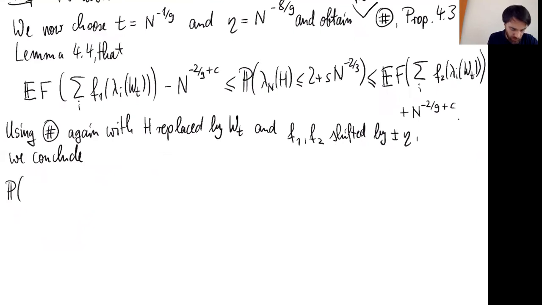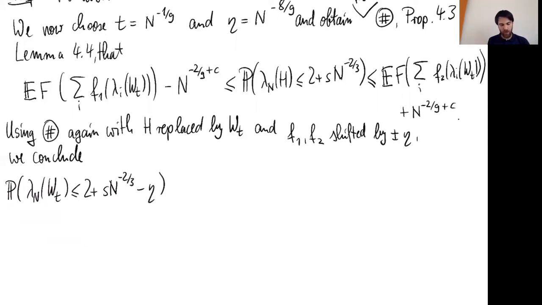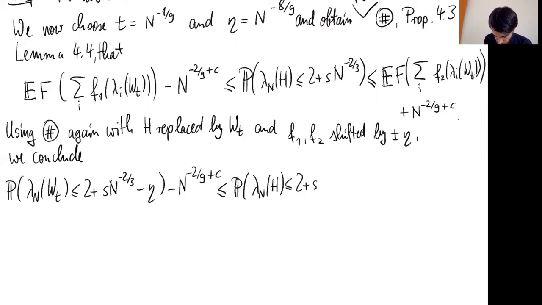So I have the probability of lambda n of wt is smaller than 2 plus s n to the minus 2/3, and then now minus eta. Because of this shifting, I have to move it over. The error term here stays the same. This is smaller than the probability that we had before, the one we're interested in.